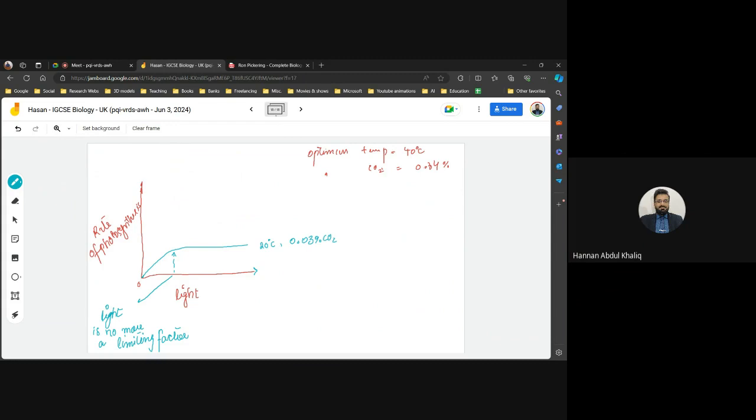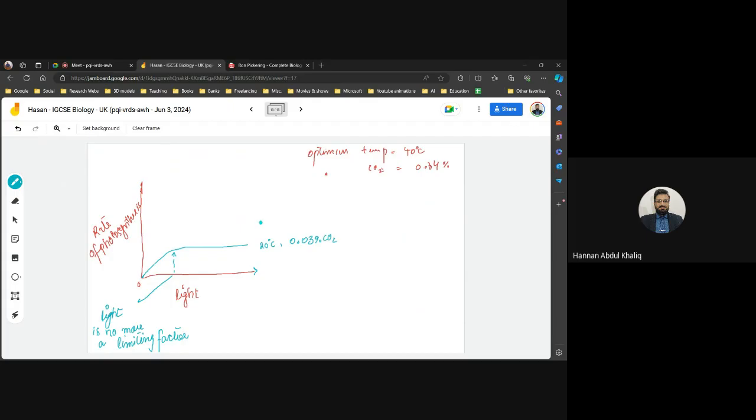That's the point. If we are increasing the light, it is still getting plateaued. Why is it happening? Because not only the light is the limiting factor.